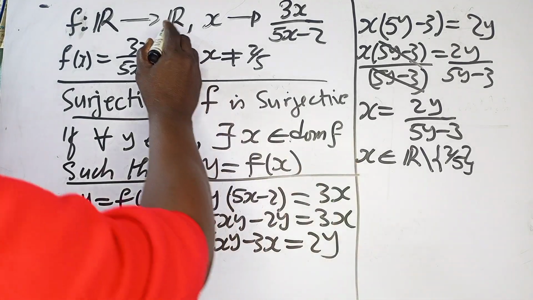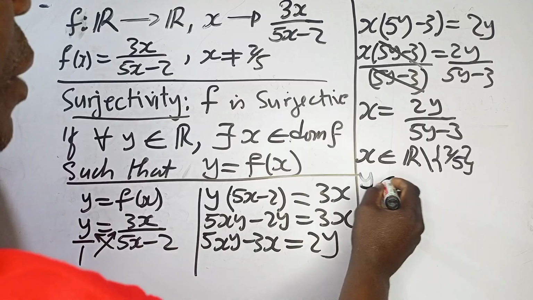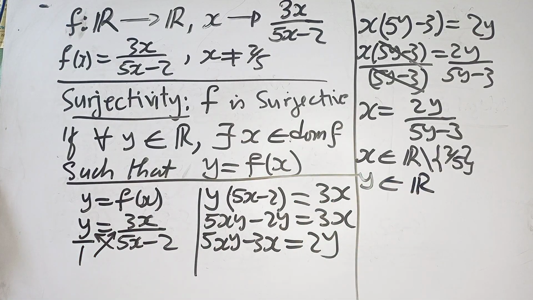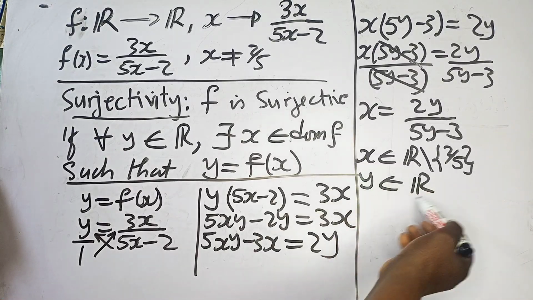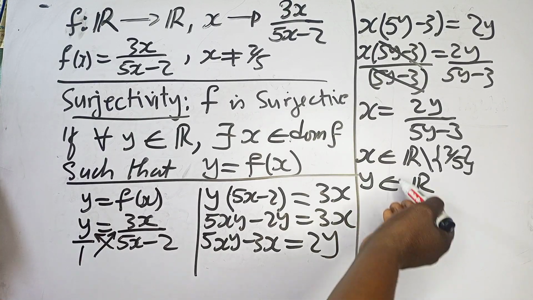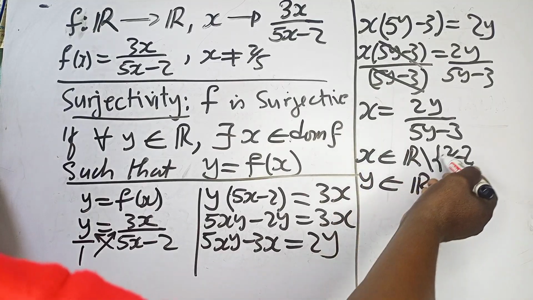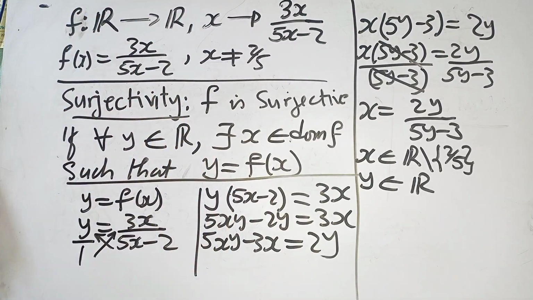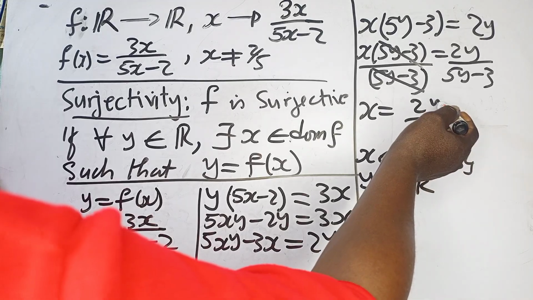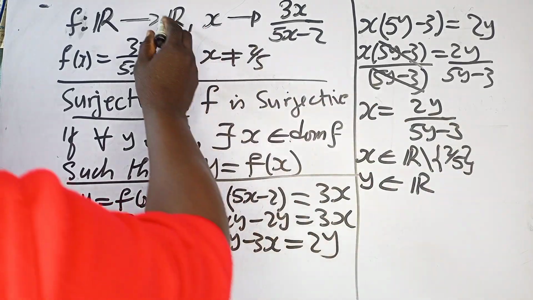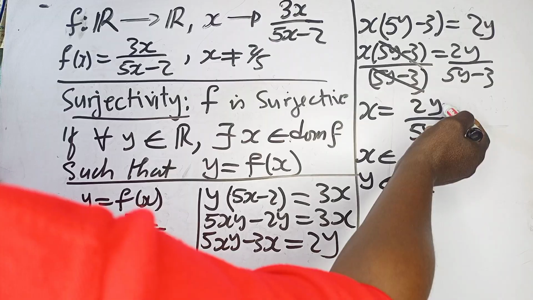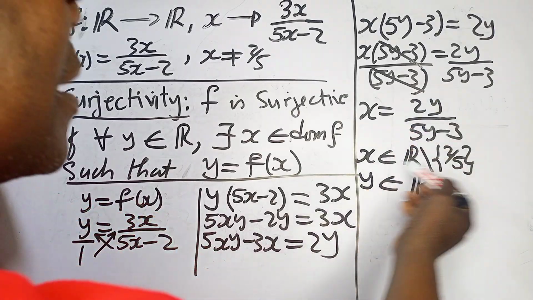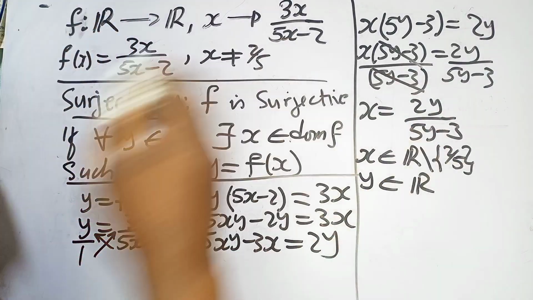And our y is from the codomain, y is from all of R. So are we saying that for all real numbers, we're always going to have an element from this domain such that this is the image of that element under the function f of x? In other words, for any real number, because y here stands for any real number, we are always going to have a result which is in this set.